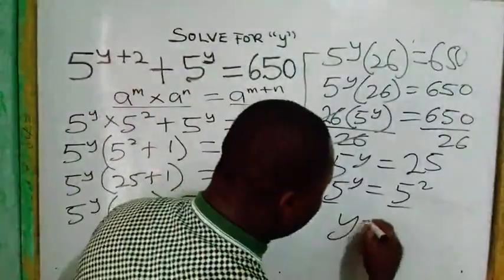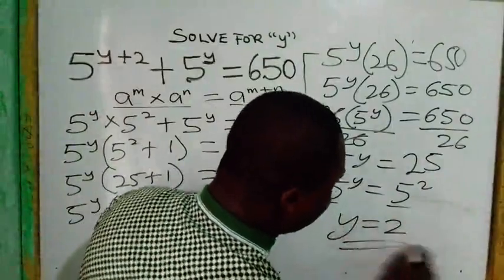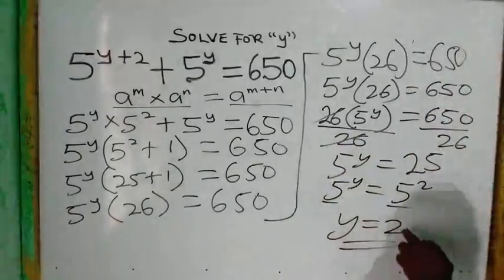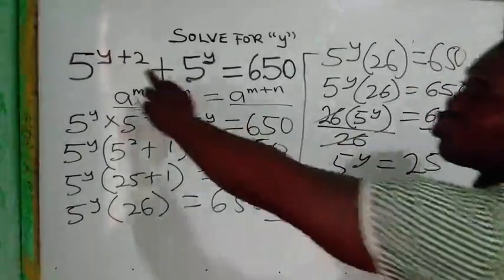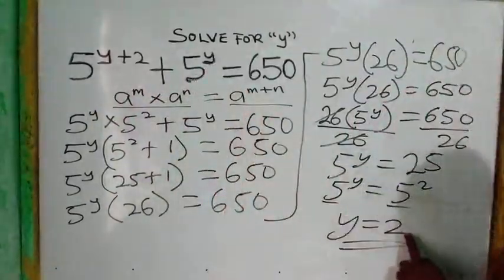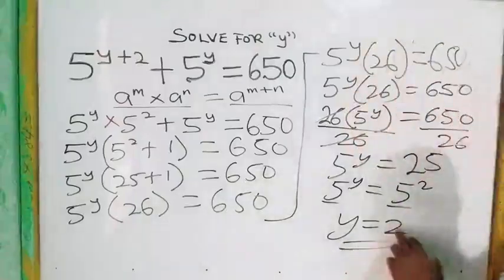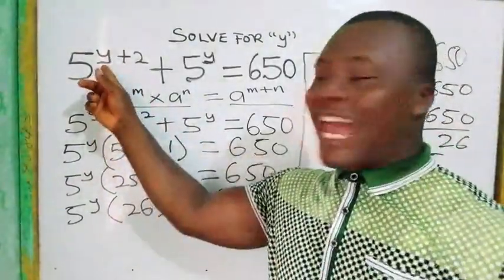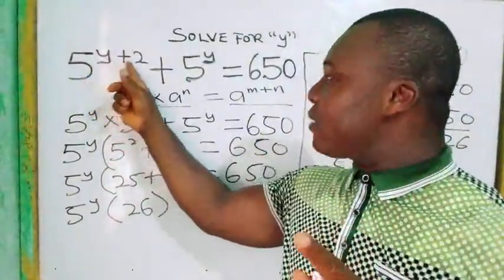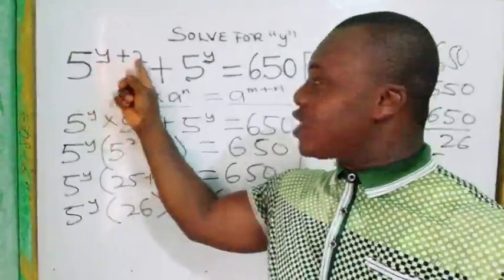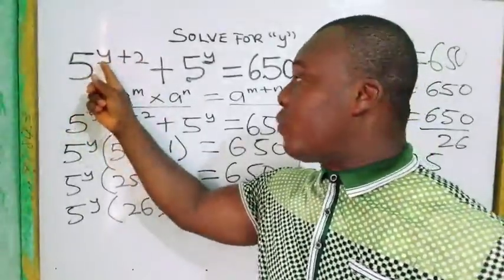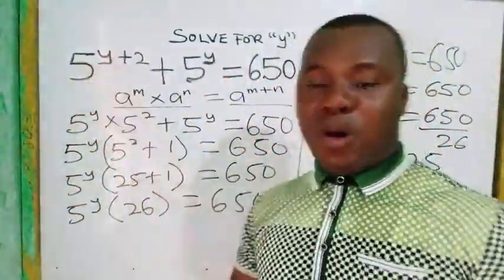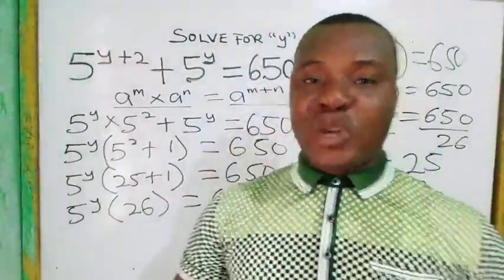So we are going to have y equal to 2. Though the question did not tell us that we should prove it, just try it with your calculator. When you put 2 where y is, we have 5 raised to the power 2 plus 2, which is 5 raised to the power 4, and that gives us 625.